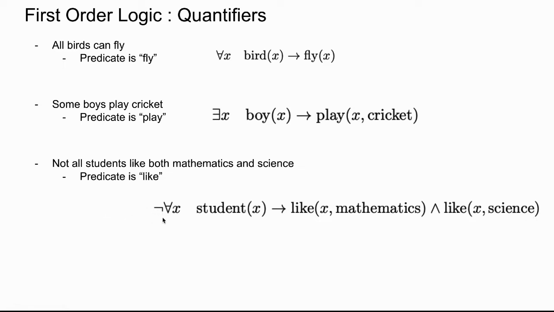But the moment we have put a not in front of for all, what that means is that this particular statement is not true for all values of x. Now whether it is true for no value of x or for some value of x, that is again an ambiguity which we do not have any way of clearly specifying. Okay, so that we have left out as it is.